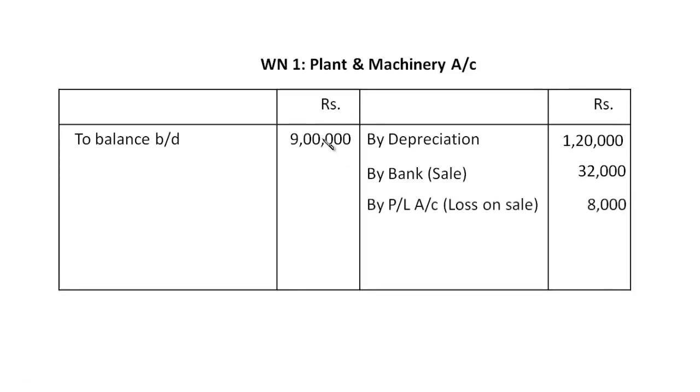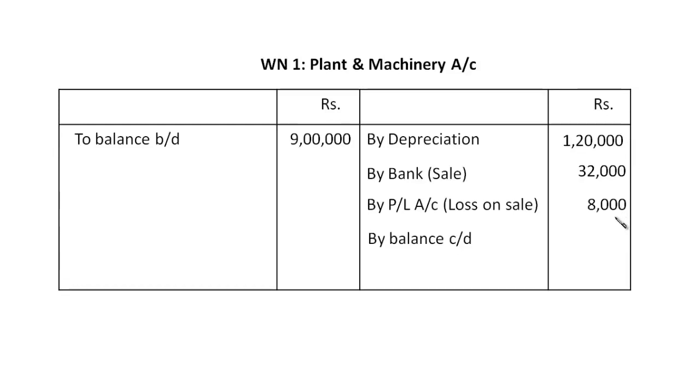So you had 9 lakh worth of asset, of which 1,20,000 had gone by depreciation and the remaining 40,000 worth of asset is also going out. So ideally the balance should be 9 lakh minus 1,20,000, which is 7,80,000, minus 40,000.